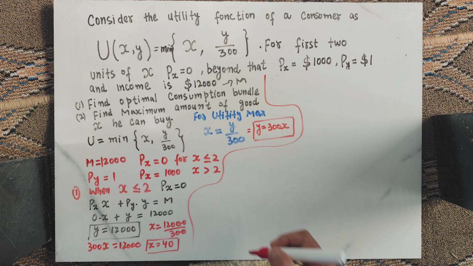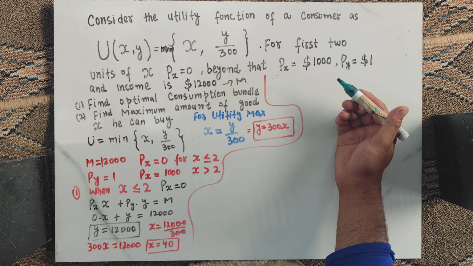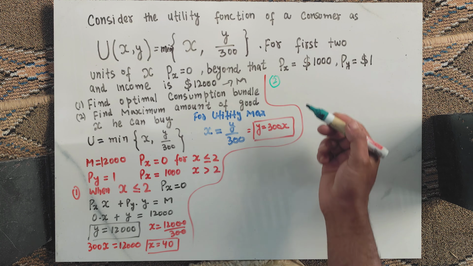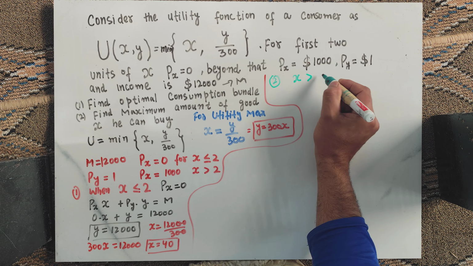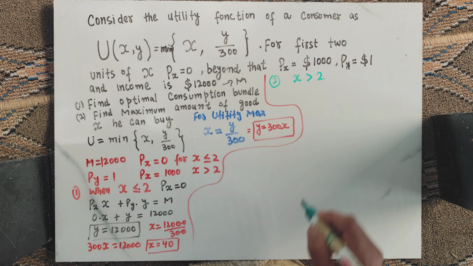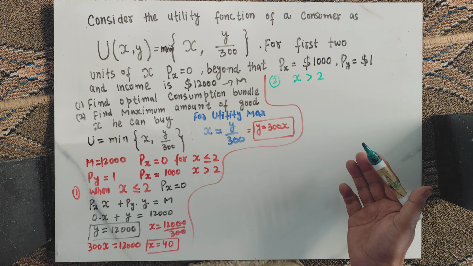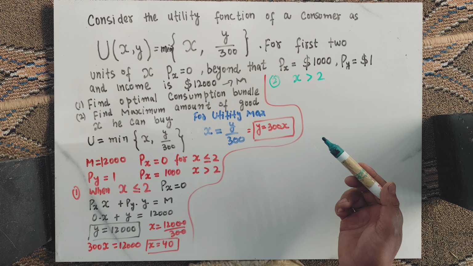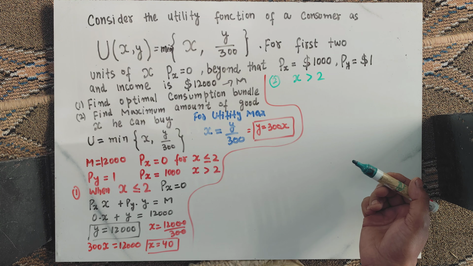Having said that, now the second case is when the consumer purchases more than 2 units of the good. Let us see what will be the cost of the first 2 units.